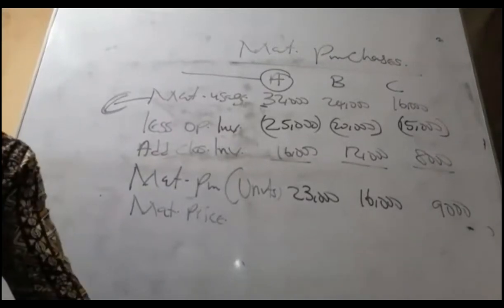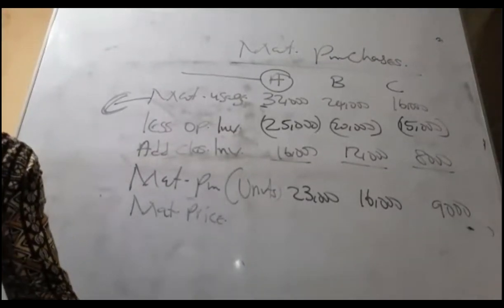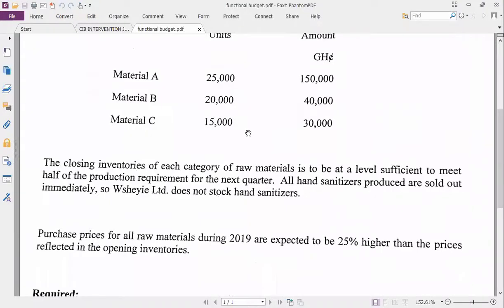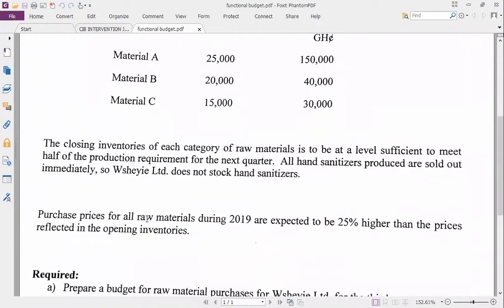12 marker question. So let's go and pick the material price. The material price is what? They said the purchase price for all raw materials during 2019 are expected to be 25% higher than the prices reflected in the open inventory.